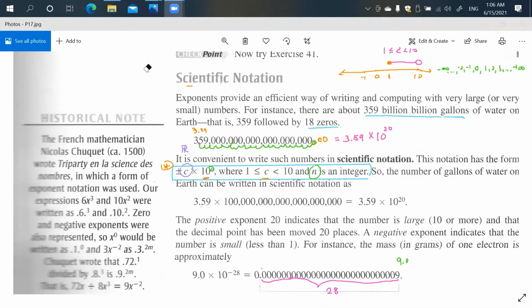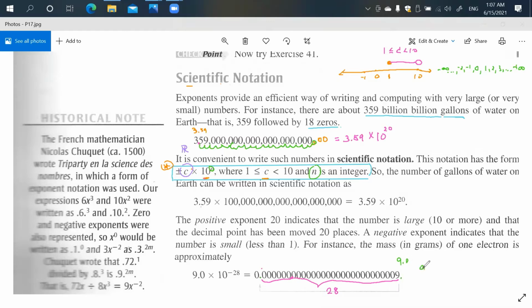So from the decimal point here, we can count, just move like this, 1, 2, 3, 4, 5, and you keep counting until you get 9 dot here. So in total, you are going to have 9.0.